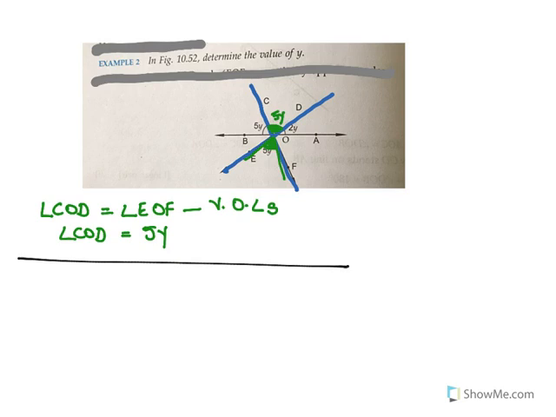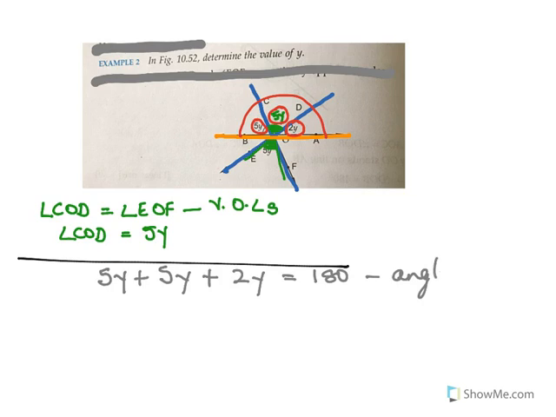Can you spot a linear pair here, or angles on a straight line? So I have here a straight line, and then I start off here and I go till here. Which angles do I get? I get here 5y, 5y and 2y, which means if I add up 5y plus 5y plus 2y, it will be equal to 180, angles on a straight line.